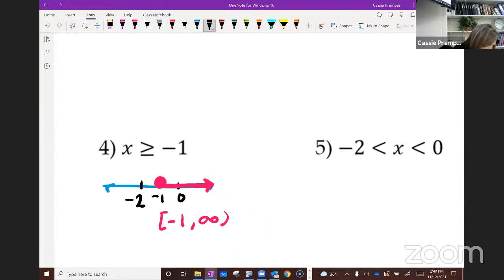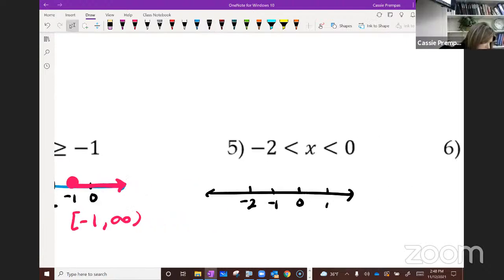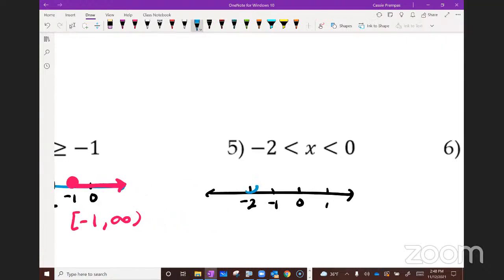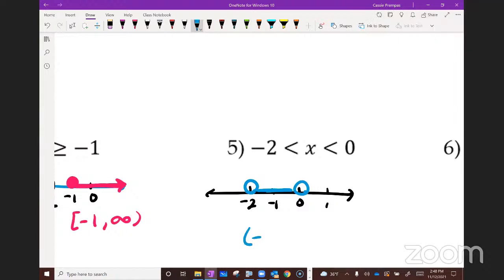All right. Do you want to do number 5? Sure. You would have -2, -1, 0, and then 1. And then an open circle on -2 and an open circle on 0, which would give you -2 parentheses and 0 parentheses.